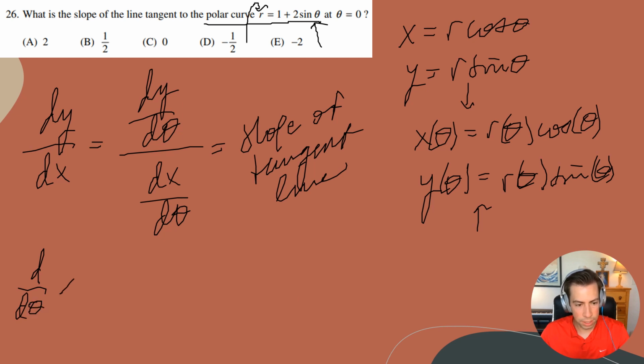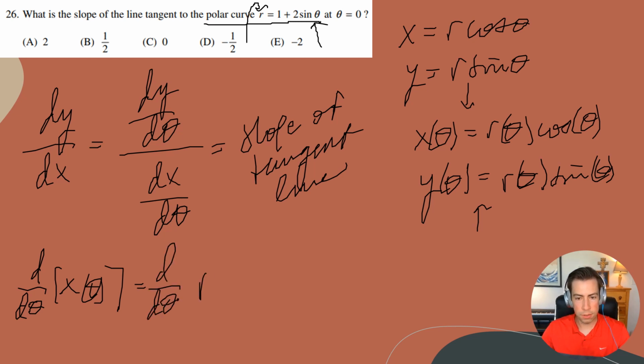So I'll take the derivative operator to both sides, and I'll have r of theta cosine theta. When I do that, I'll have to use the chain rule and the product rule here.